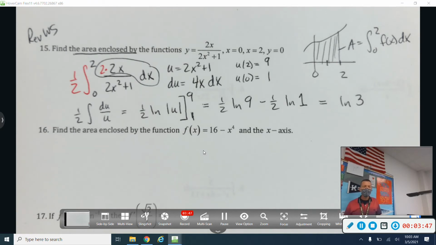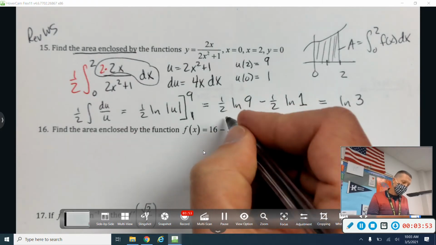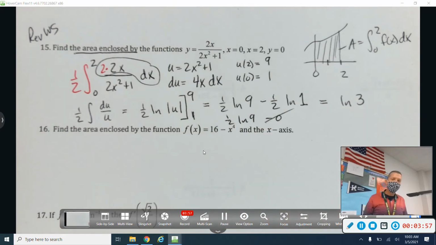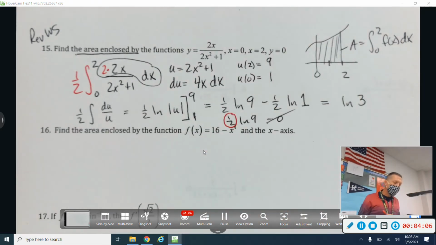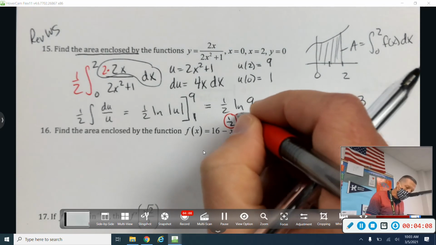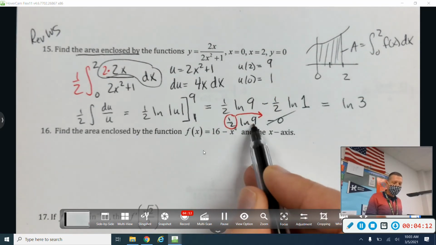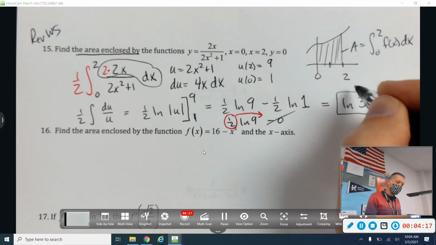Well, there's a couple things going on. What's the natural log of 1? 0. Okay, so that part's gone. We're not worried about that. And then do you remember a property of logs about what you can do with that number? It can become the power, and then 9 to the 1/2 is the same thing as the square root of 9, which is where natural log of 3 comes in.